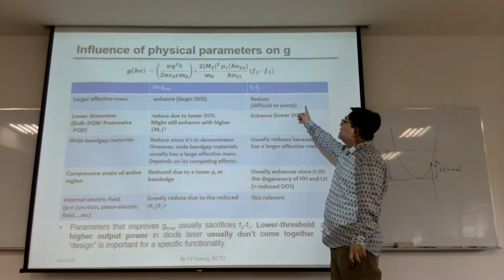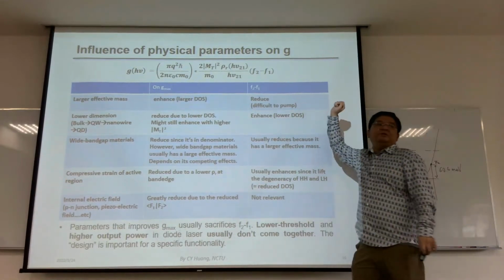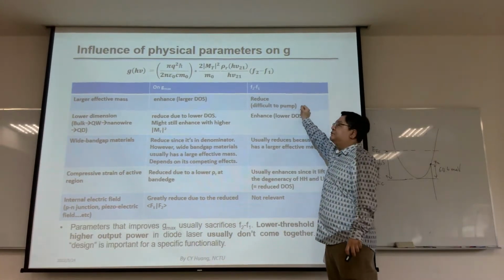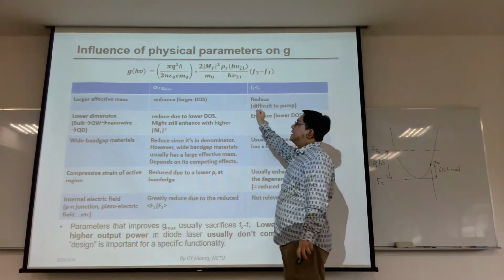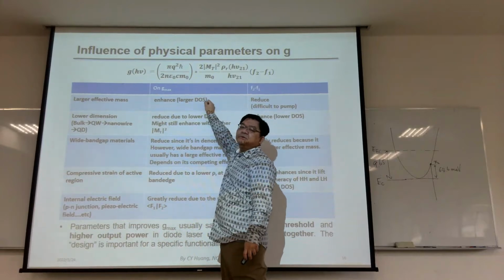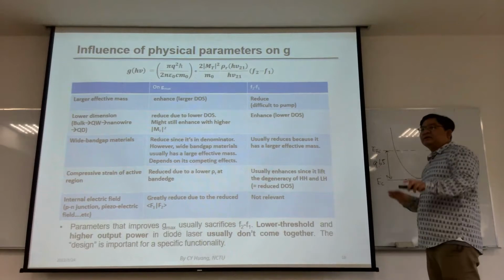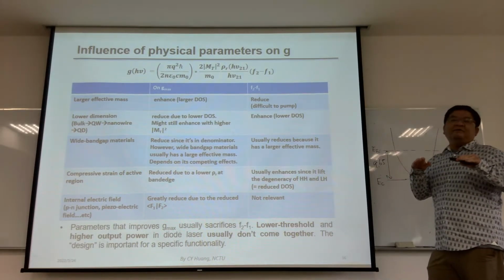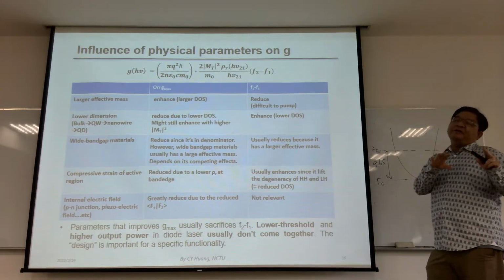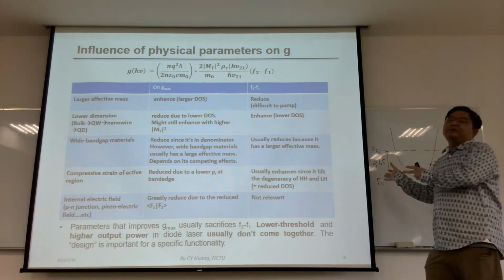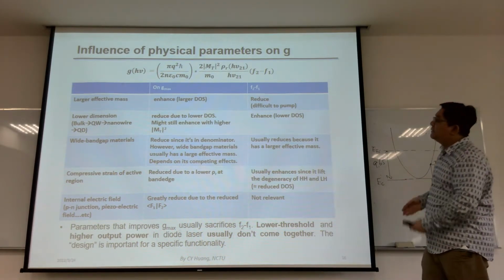That means this material is more difficult to pump, more difficult to achieve population inversion. But if you can achieve population inversion, it gives you a higher potential for a higher gain. Okay, so that's a very major difference between the nitride material and the other group, either gallium arsenide GaAs based or InP based materials.